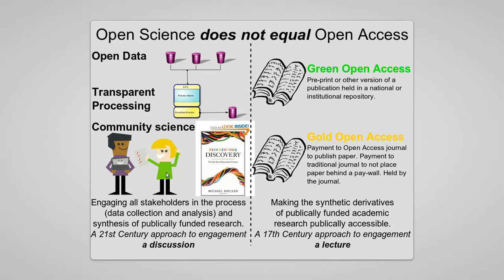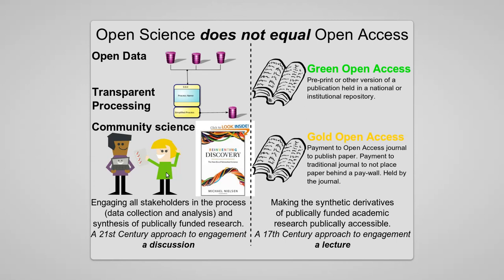At a very basic level, open science does not equal open access. Open access has been hitting a lot of headlines over the past couple of years, and is essentially about making publications open, either in green, through an institutional repository, or gold, by paying the journal itself to remove the firewall around it. Open science is really open access plus.